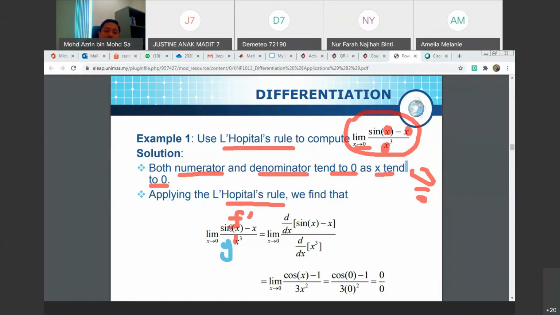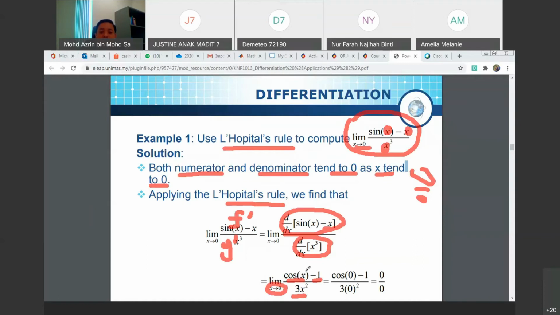Okay, so differentiate sin x minus x first. Then you differentiate x power of 3. So x power of 3 simple, you will get 3x squared. Sin x, you differentiate, you will get cos x. X, you differentiate, you will get negative 1. Okay. So you simplify, then again masukkan nilai x equal to 0.